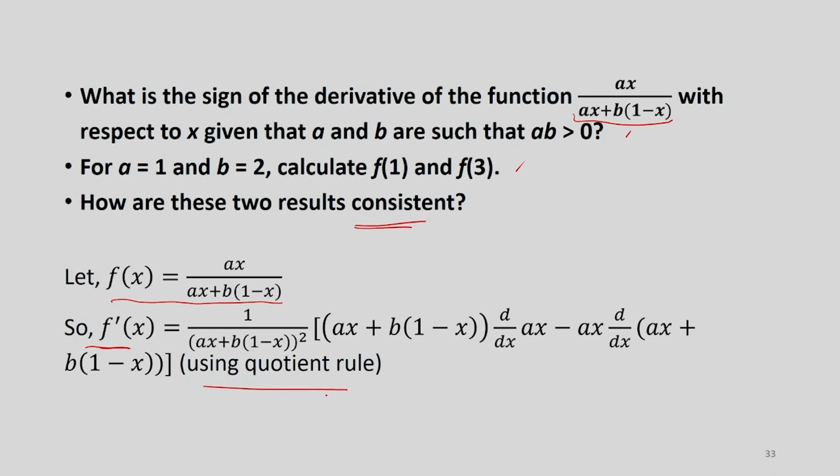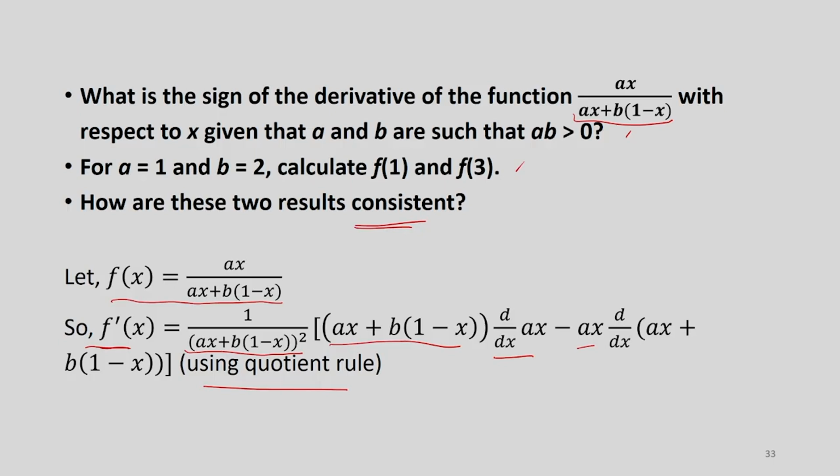What was the quotient rule? 1 divided by the square of the denominator, right, ax plus b multiplied by 1 minus x whole square, multiplied by the denominator ax plus b multiplied by 1 minus x, multiplied by the derivative of the numerator, that is d dx of ax, minus the numerator ax multiplied by the derivative of the denominator, that is d dx of ax plus b multiplied by 1 minus x.